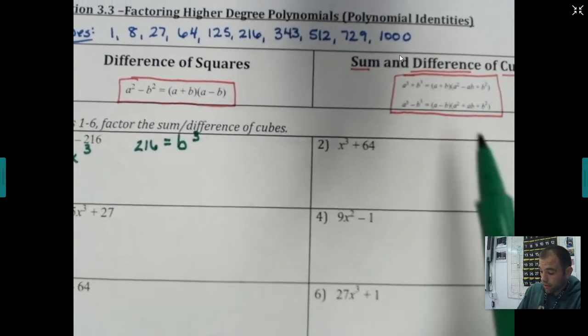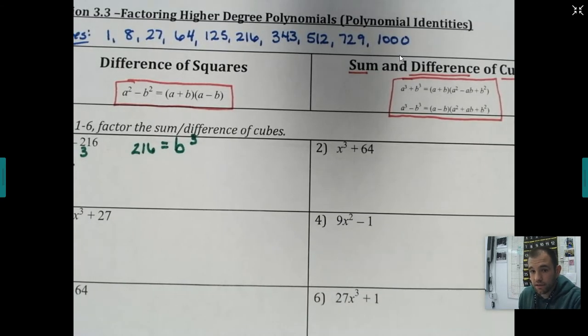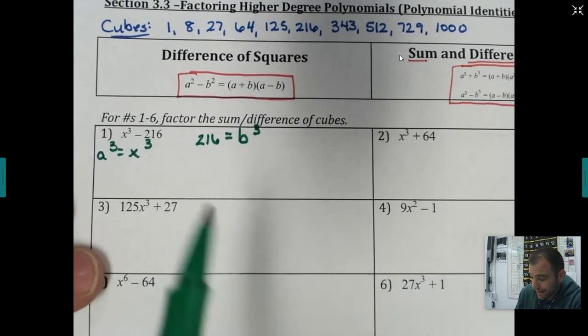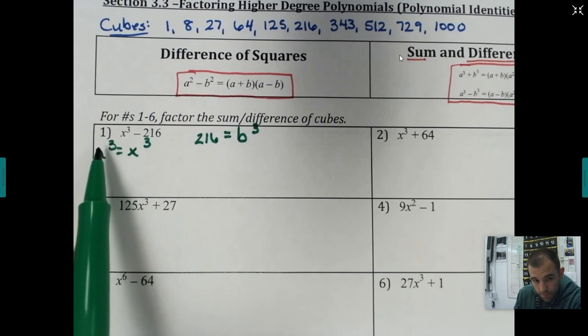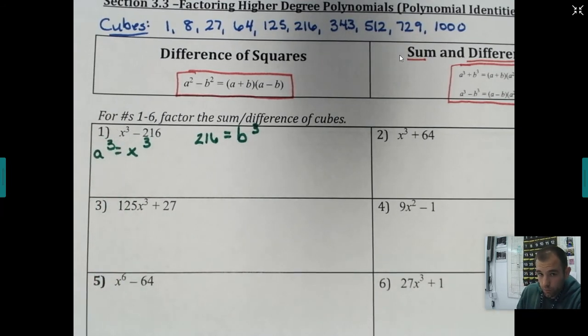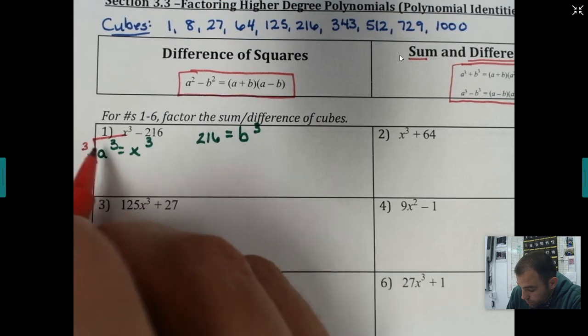Now, for my equation, I need to know what just a is and just b is. So basically, I need to get rid of that cube. To get rid of a cube, if we were getting rid of a square, we would square root it. We're going to do the same thing, but we call this a cube root.